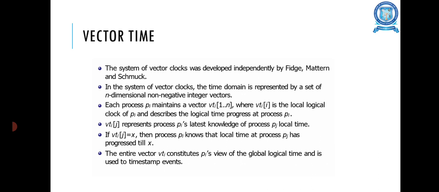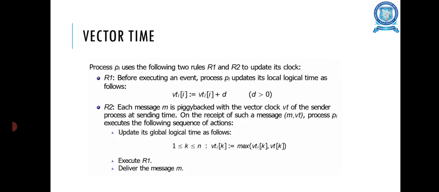If Vti[j] is x, then the process Pi knows the local time at process Pj has progressed till x. The entire vector Vti constitutes the process Pi's view of the global logical time, and it is used to timestamp events.